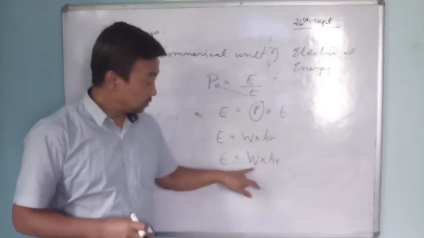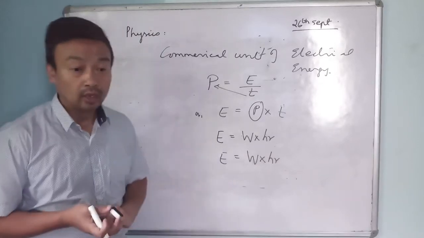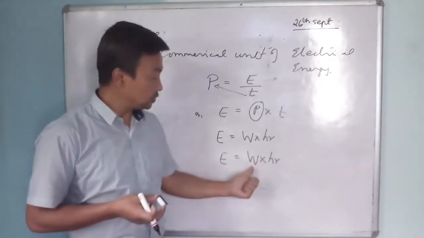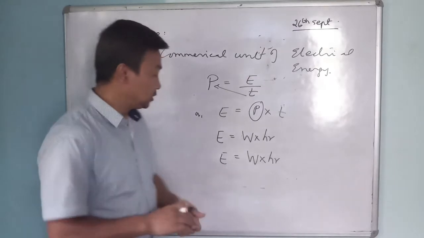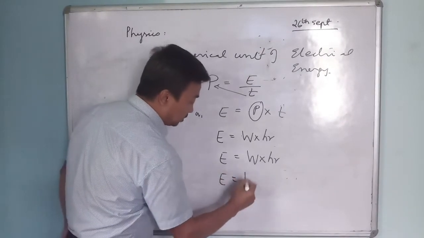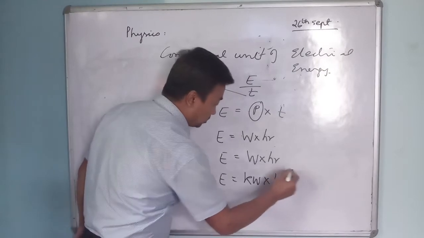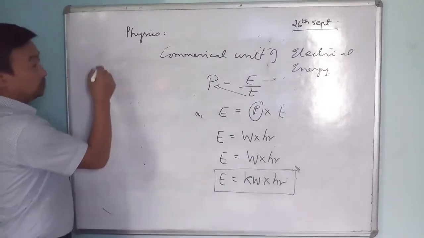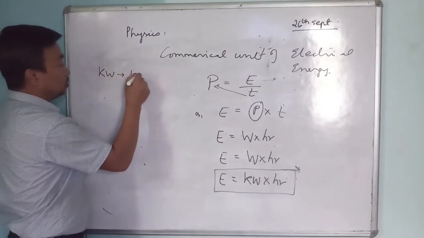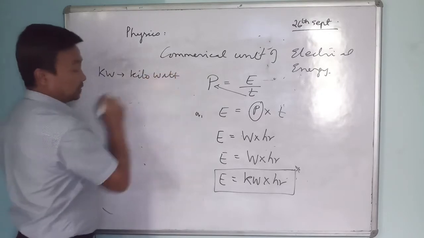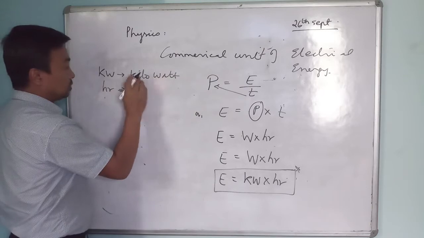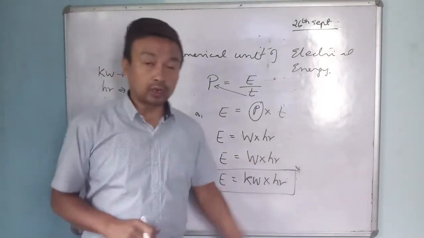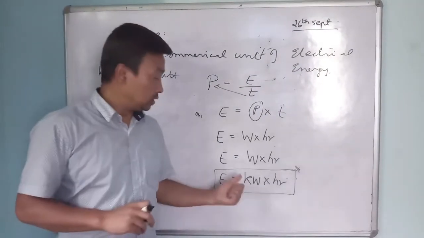But since the appliances consume electrical power in large amounts, it is expressed in the bigger unit, kilowatt hour. So kilowatt hour is the commercial unit of electrical energy. A kilowatt is 10 to the power 3 watt, and this kilowatt hour is known as 1 unit.